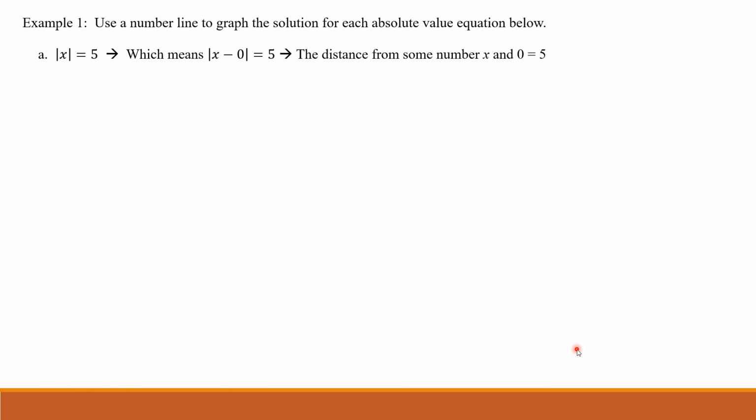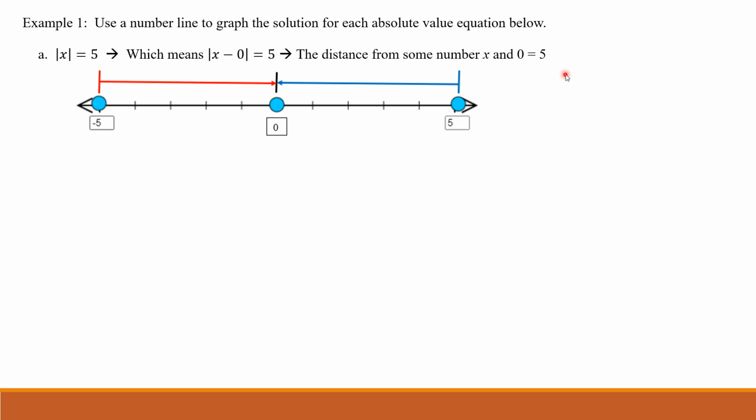Okay, so we have the absolute value of x equals 5, and that means the absolute value of x minus 0, which is the distance between x and 0, is equal to 5. Looking at a graph of that, 0 is our middle point. The constant on the right side of this absolute value equation is the distance.